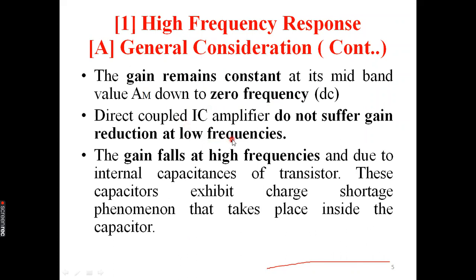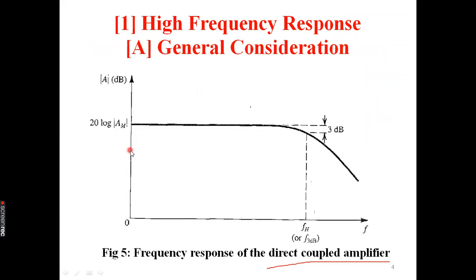Whenever we are dealing with a direct coupled amplifier, meaning without any capacitive coupling, we will always experience a constant gain for a wide range of frequencies. A sudden fall in gain at low frequencies is not experienced in the direct coupling case.